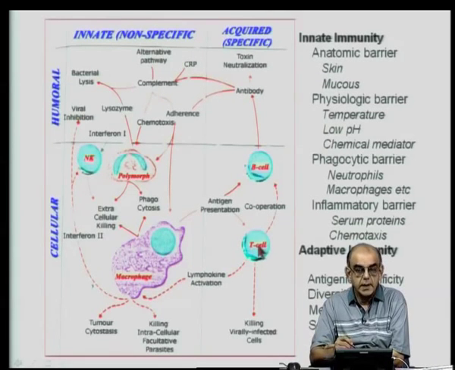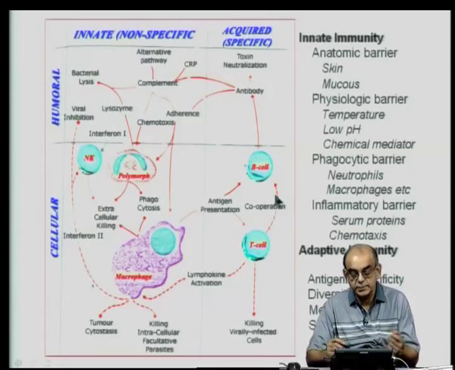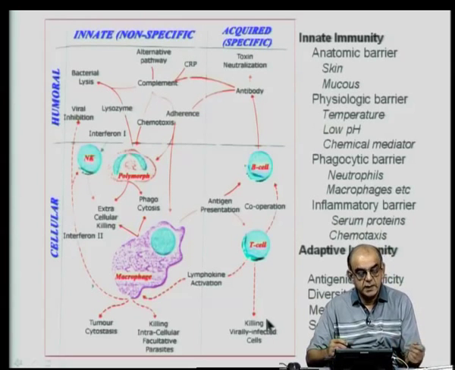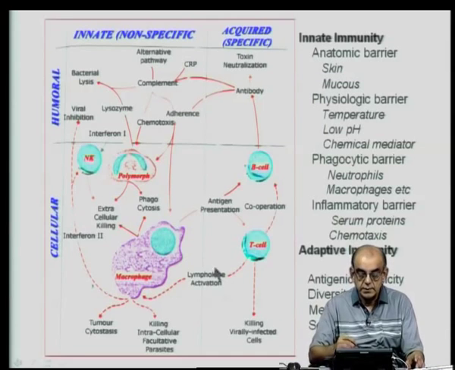So, these presented antigens then tell the B cells to make, or activated B cells to make, antibodies against different kinds of antigens.